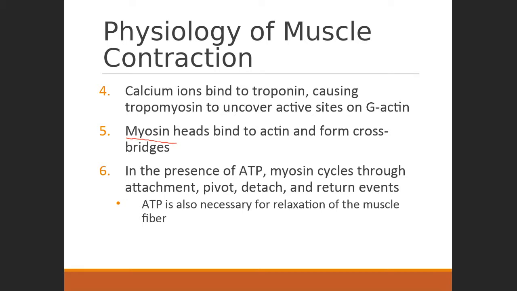We have our actin filament present with the binding sites exposed. And from there, we got the opportunity now for myosin to bind to actin. Once that occurs, all we need is ATP.